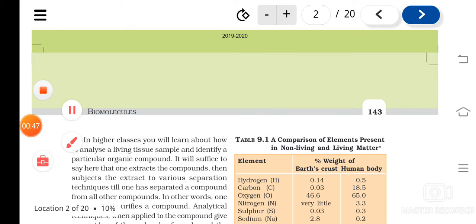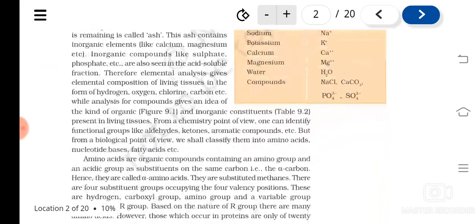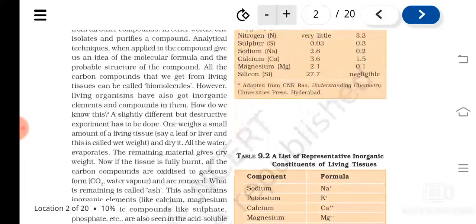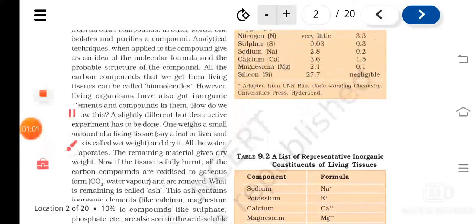The acid soluble fraction contains amino acids, then nucleotides, then fatty acids, and also smaller polysaccharides, that is monosaccharides, oligosaccharides, etc. These are seen in the acid soluble fraction.